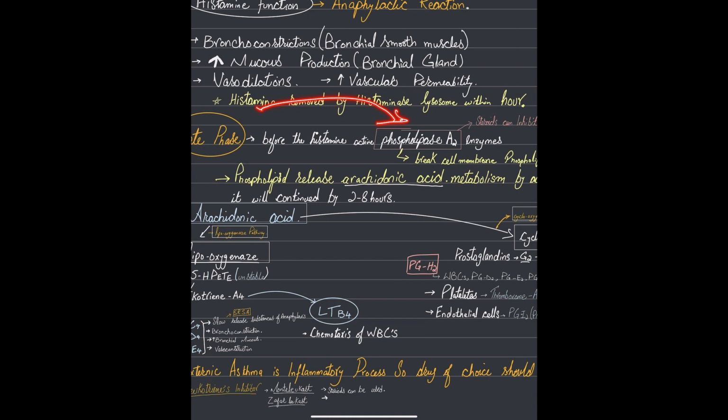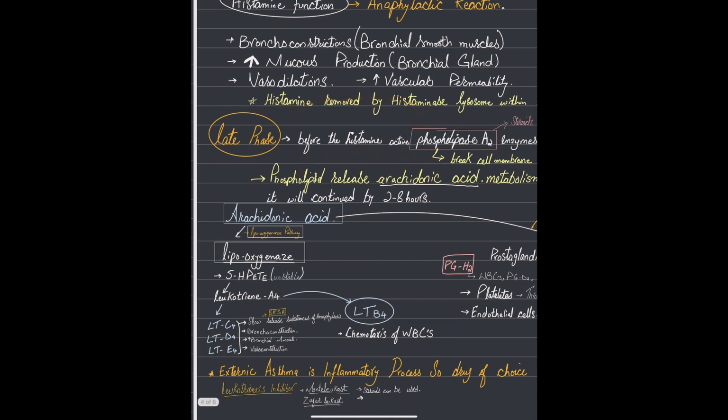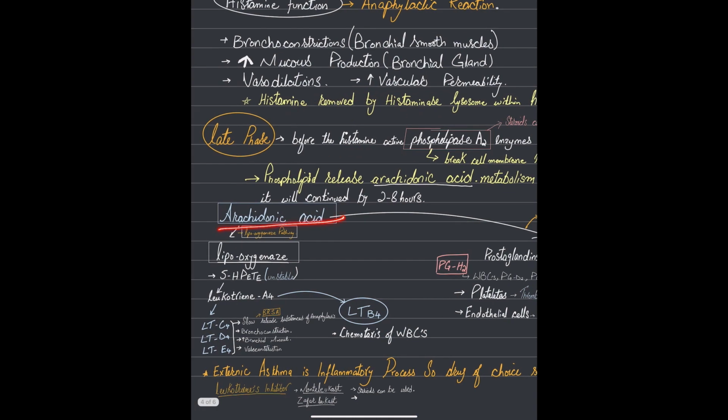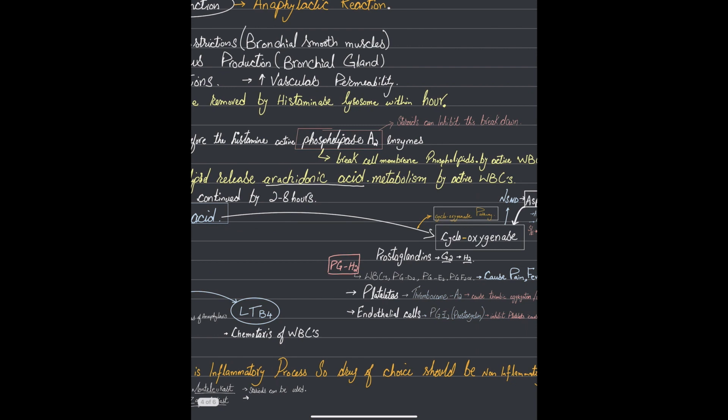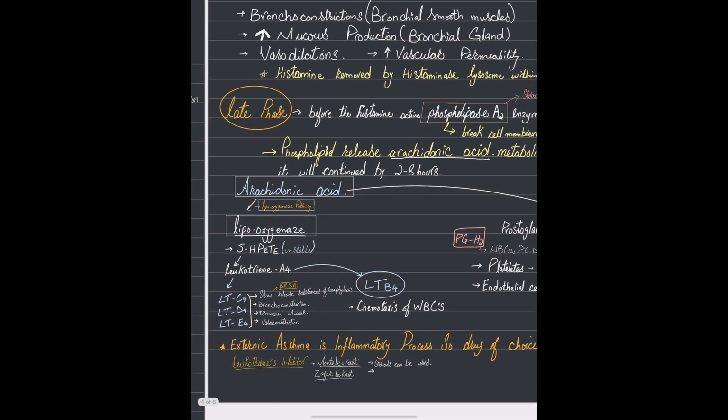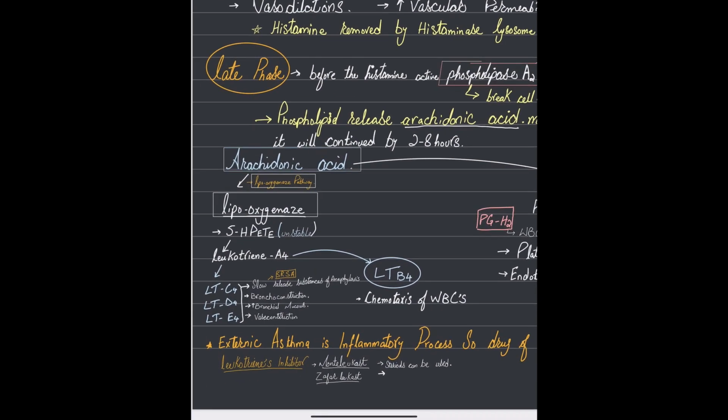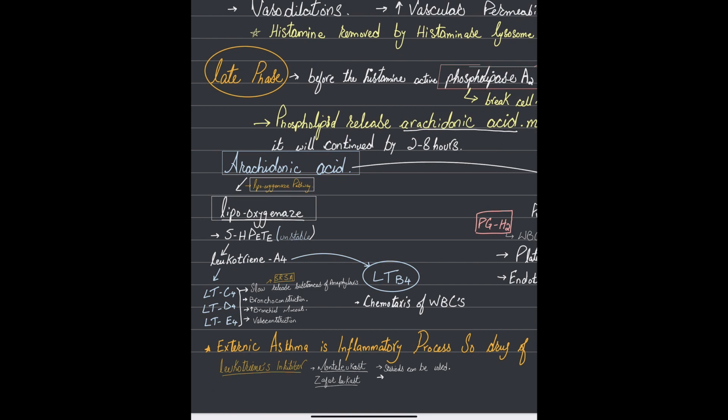the help of white blood cells releases arachidonic acid, and arachidonic acid releases two things: lipooxygenase and cyclooxygenase. So first we discuss lipooxygenase. Lipooxygenase releases 5-HPETE.